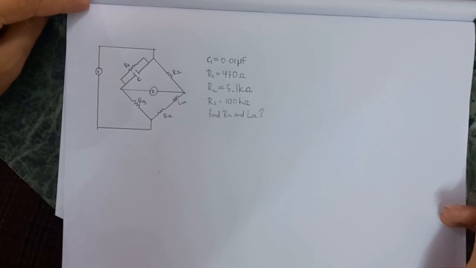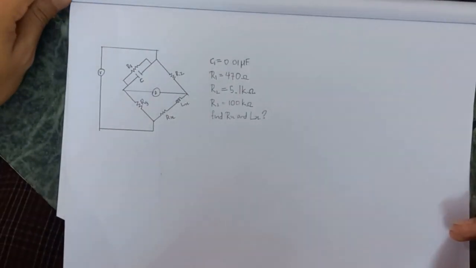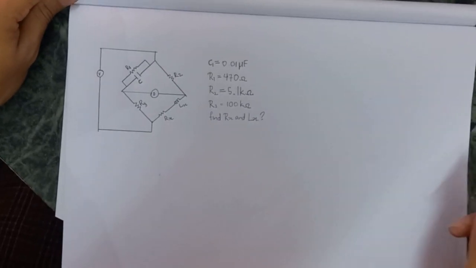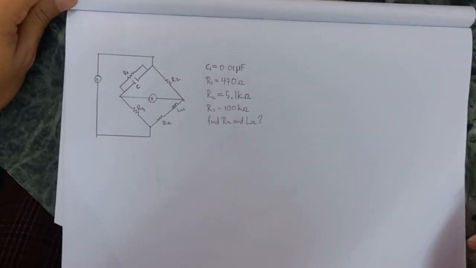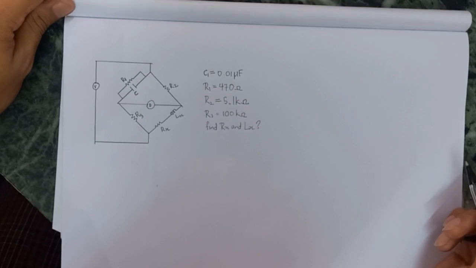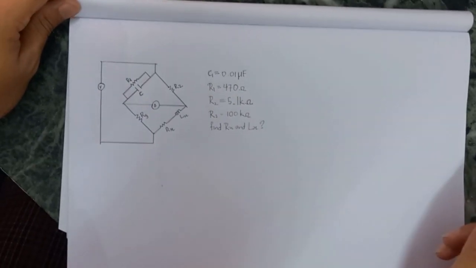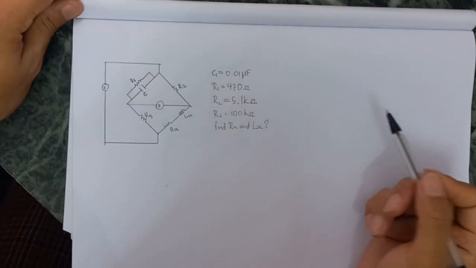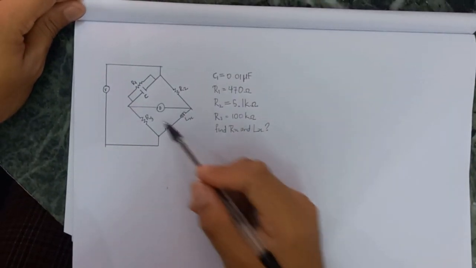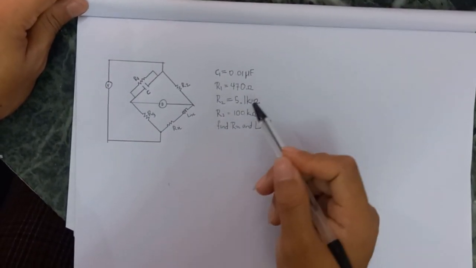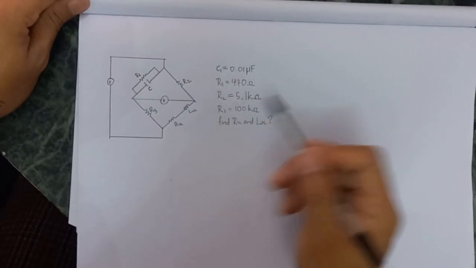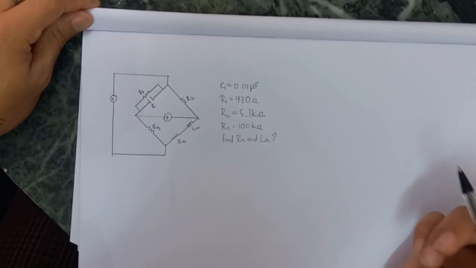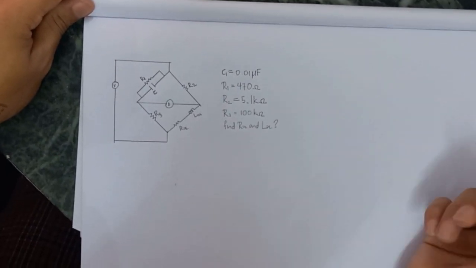Okay, now we're going to solve some questions related to the Maxwell inductance capacitance bridge. As you can notice, this bridge is a little different compared to the bridge that we used in earlier sessions. The unknown variables are in a different position now. These unknown variables may not always be in the same arm. They may switch places, and to solve the questions we need to remember one tip.